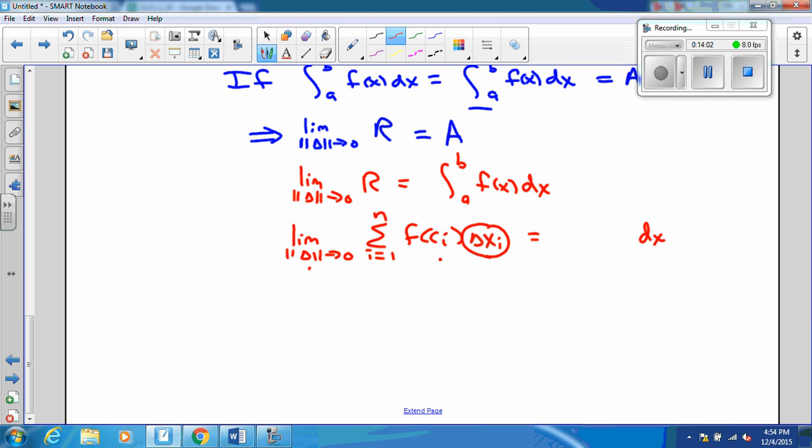And as the delta x goes to 0, my choice of ci gets limited because the width of the interval that I can choose over it now shrinks to 0, so that I really only have one choice, and that is to choose x at each subinterval. And Leibniz is going to take this capital Greek S, and he's going to write it as a stylized Gothic S, just like so. And so the notation here is very suggestive.